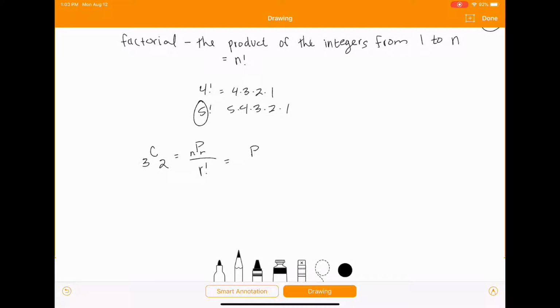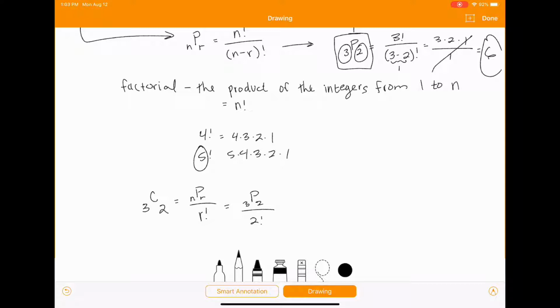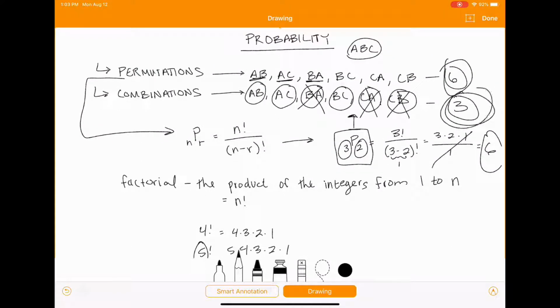So P 3, 2 all over 2 factorial. We've already found the permutations, which was 6, all over 2 factorial, which is 2 times 1. So we get 3, which is exactly what we got up here as well.